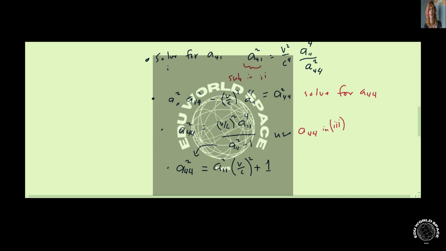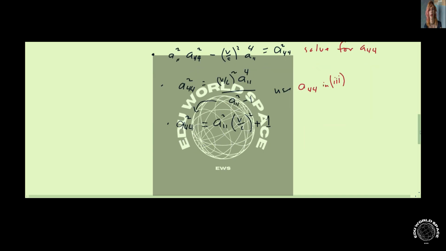Okay, and after some algebra, you wind up getting 1 is equal to a11 squared times 1 minus v over c squared. And so the result of the algebra is that a11 squared is equal to, this should look familiar, 1 over 1 minus v over c squared.